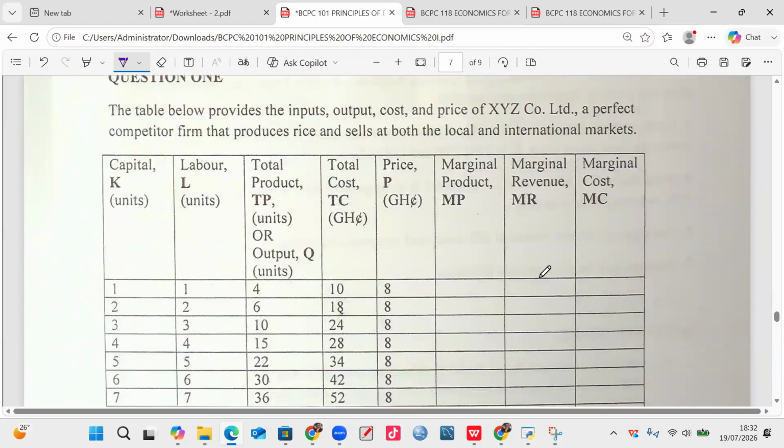Are we good? Yes, please. So read question 1. The table below provides the input, output, cost, and price of XYZ Co. Limited, a perfect competitor firm that produces rice and sells at both the local and international markets.